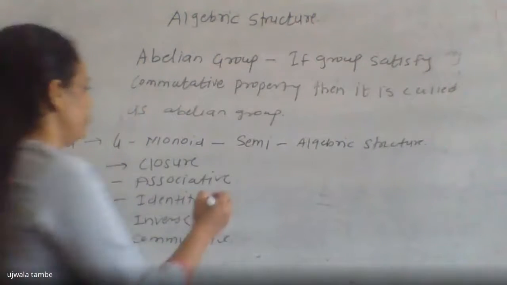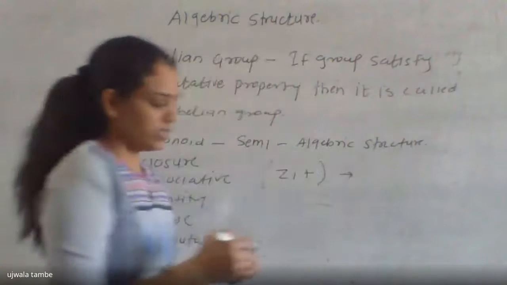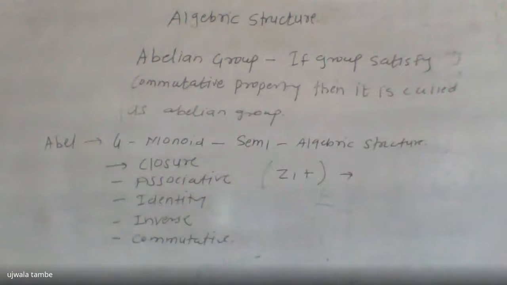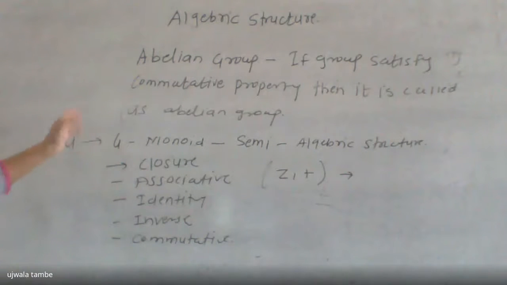Okay. So start from Z comma plus and find out whether the given structure is an abelian group or not. Everybody should try to solve this. Just you have to solve the last step, because as we know Z comma plus satisfies the inverse property as well.